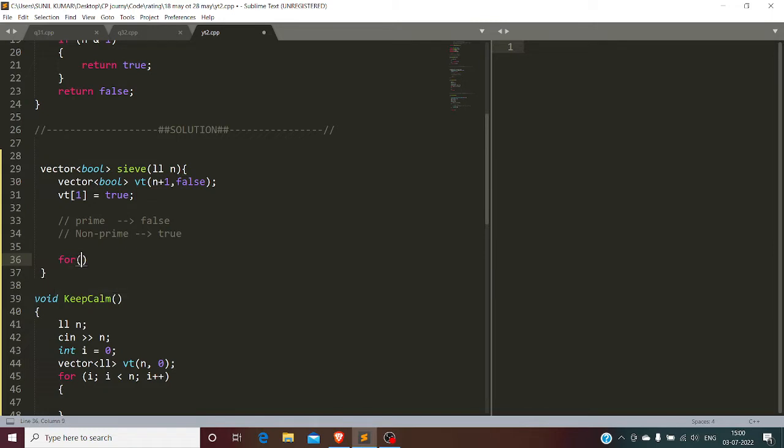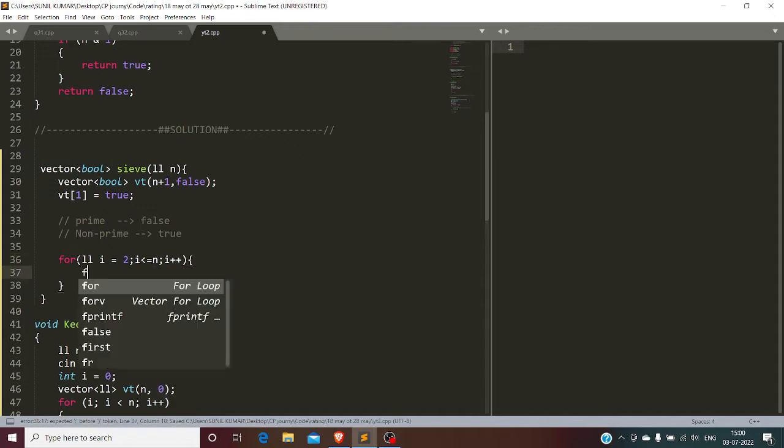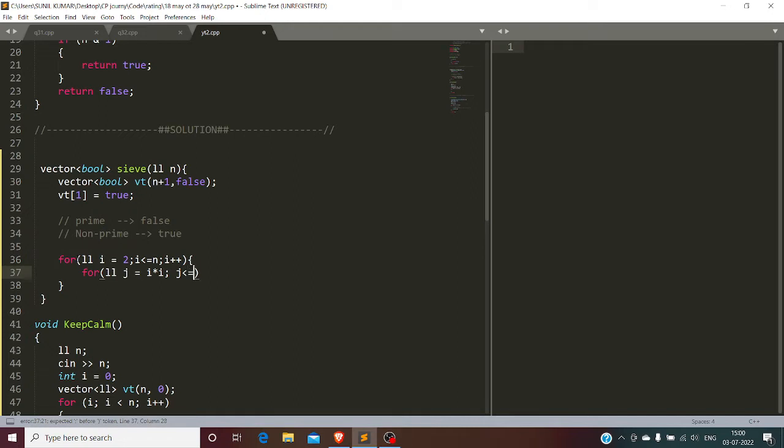And now let's start a for loop from 2, and it will go till n, and over here we start a for loop from i square. Why it's i square I will be explaining soon, and then it will go till n. We do j plus equal to i.